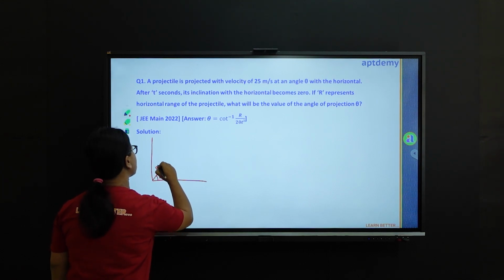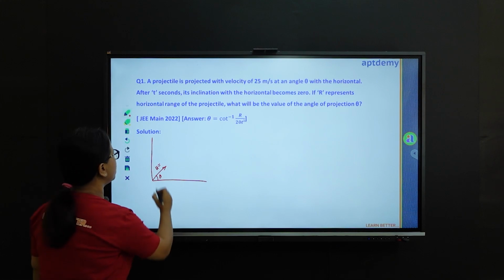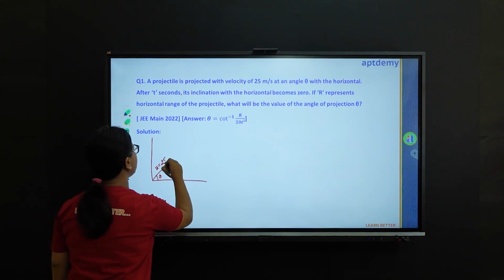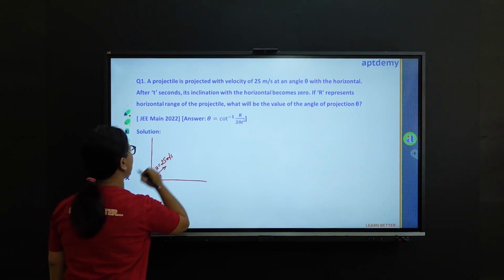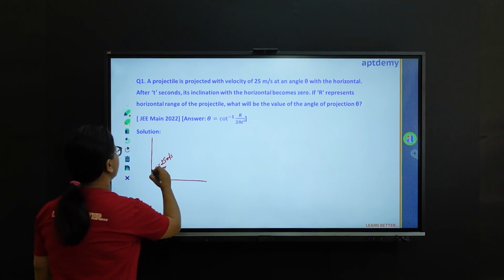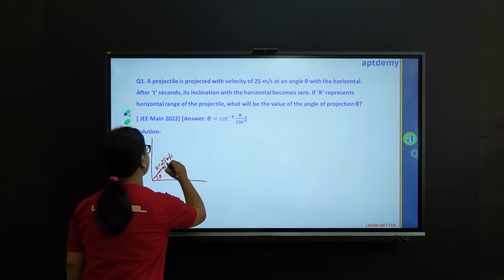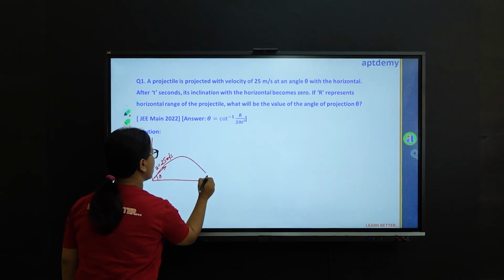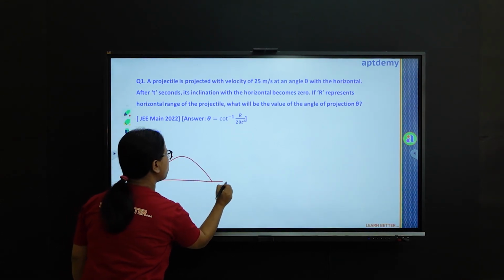The initial velocity of the projectile has been given as 25 meters per second. Now, this will be the motion of the projectile. Now, just have a look at the question.